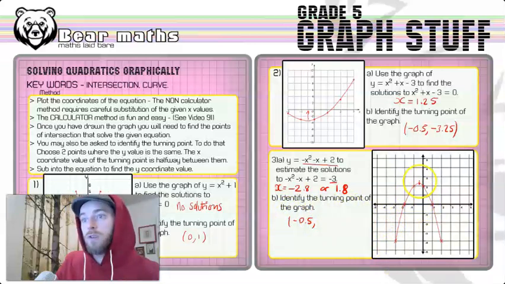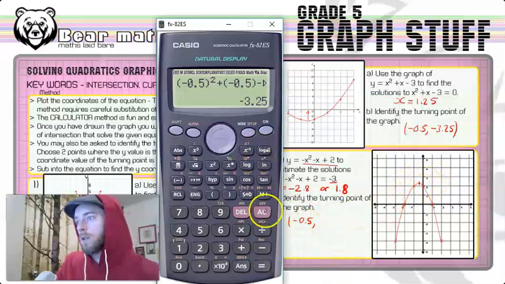And then once again, we'll just substitute that value, minus 0.5, into this particular equation, and we'll see what we get. So minus, oops, let's put in the minus in front of that, because it's negative. Oh my goodness, what am I doing?